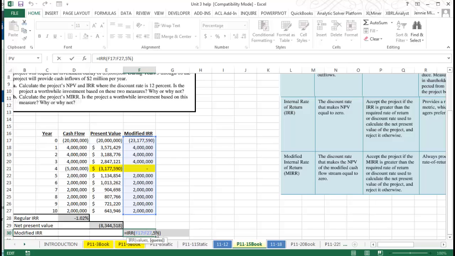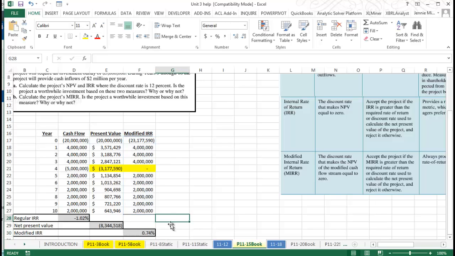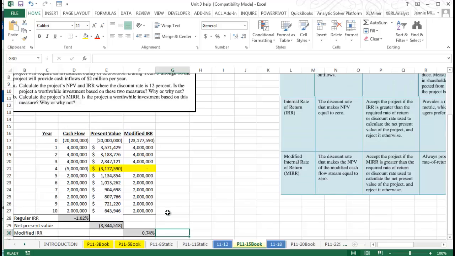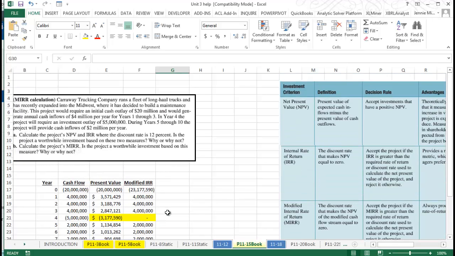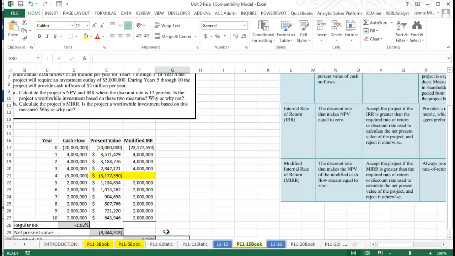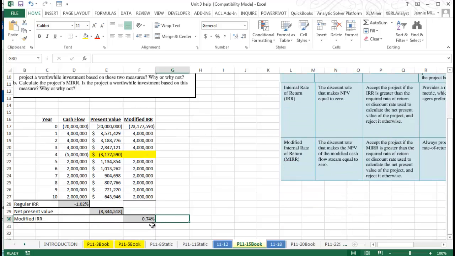And then I put in my guess of 5%. And what you'll notice is that I have a modified internal rate of return of 7.4%. Well, that is low. That is so low. This would not be a project that we would invest in. If our cost of capital is 12%, this project will not add anything to our stock value at all. So this would be a project that we would not accept.